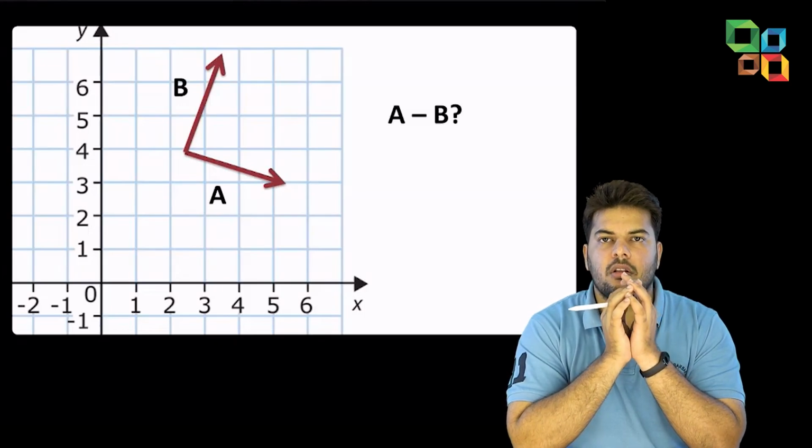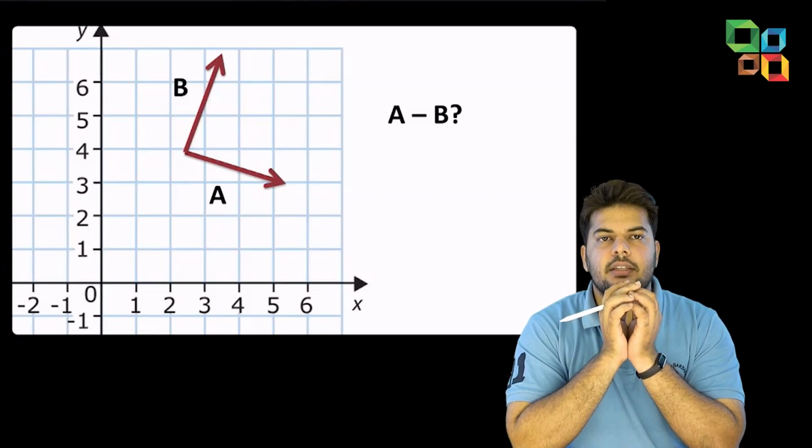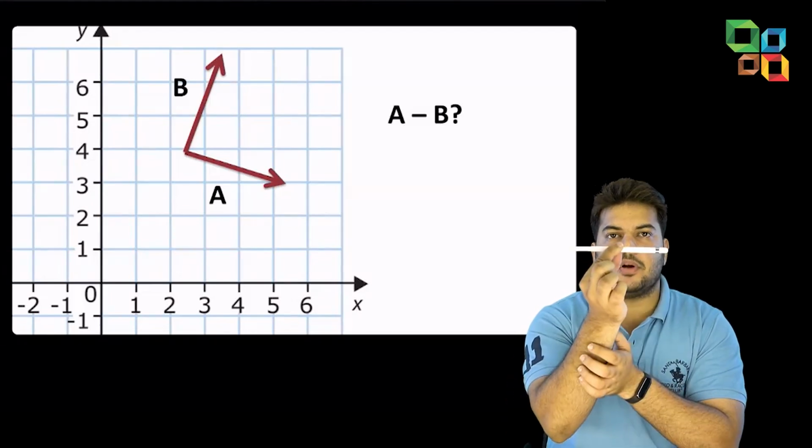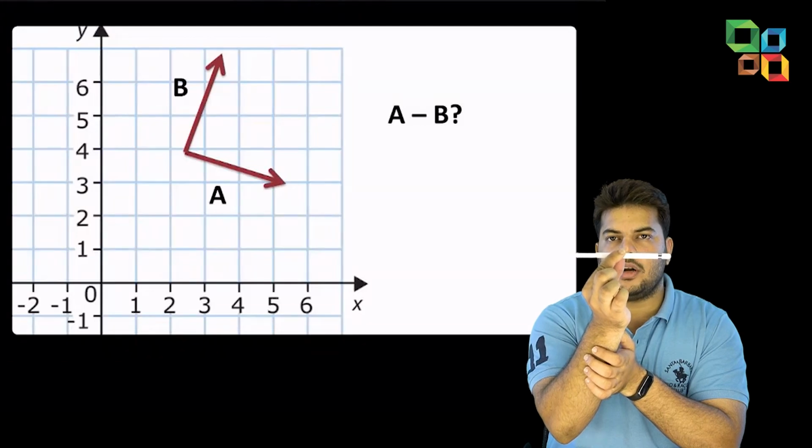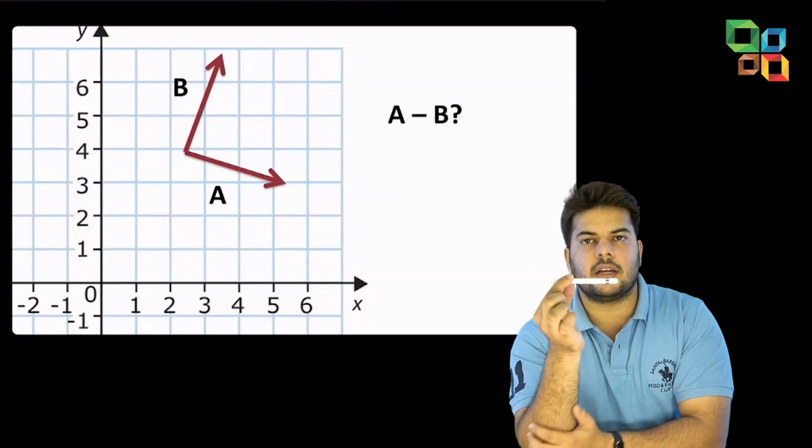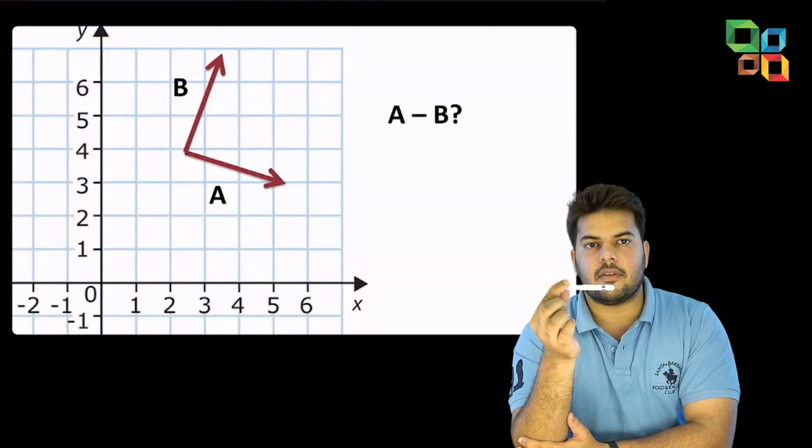Nidhishri, can you recall? What is the negative of a vector? If this is a vector pointing in a direction, what does negative of a vector mean? What does your gut say?